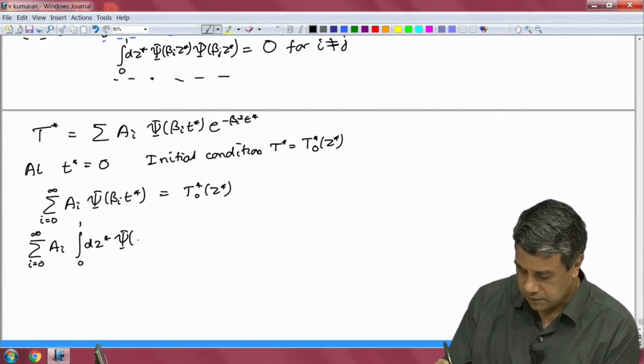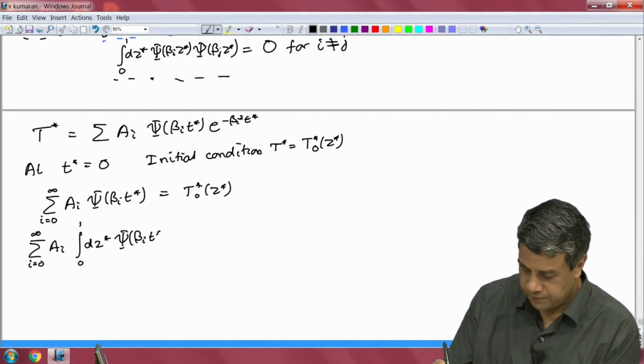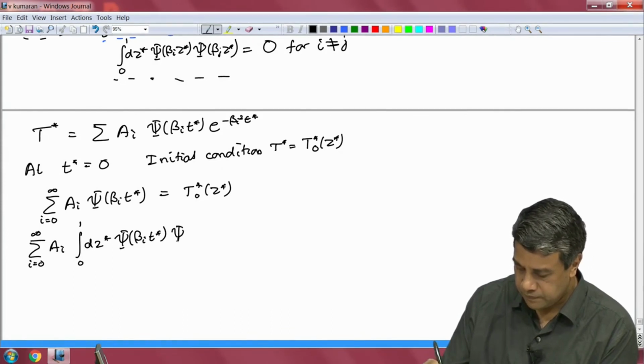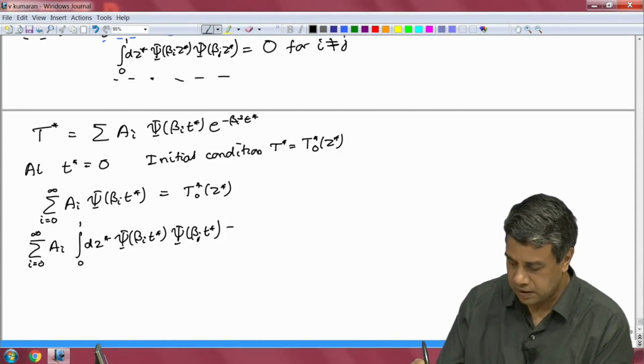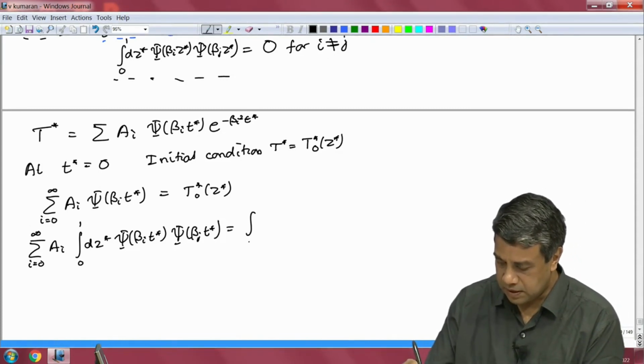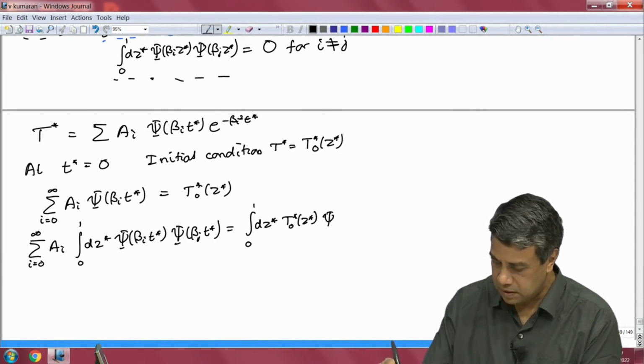psi of beta j z and integrate from 0 to 1. This I will get as the integral from 0 to 1 dz of T star, that initial distribution, which depends upon z, times psi of beta j z.